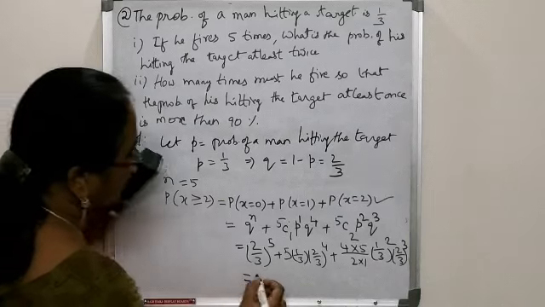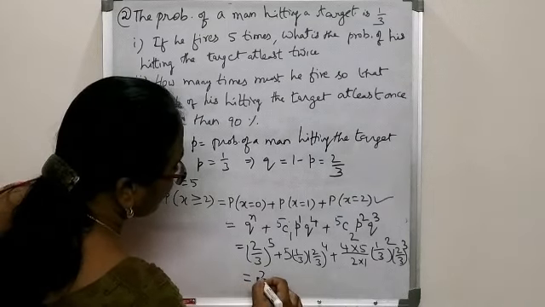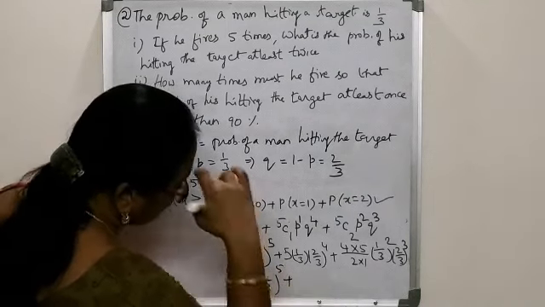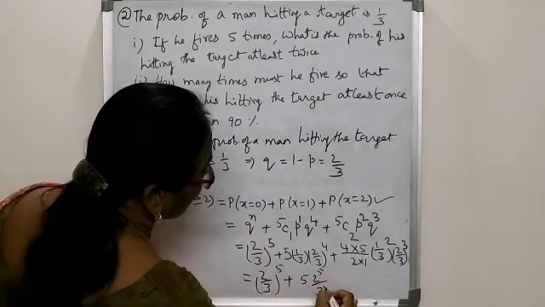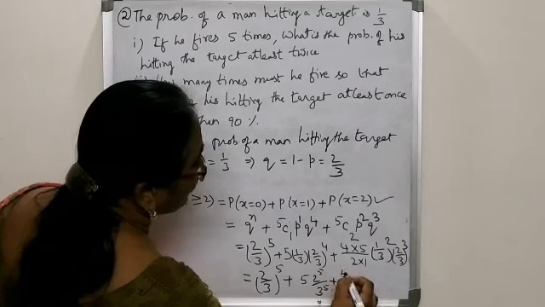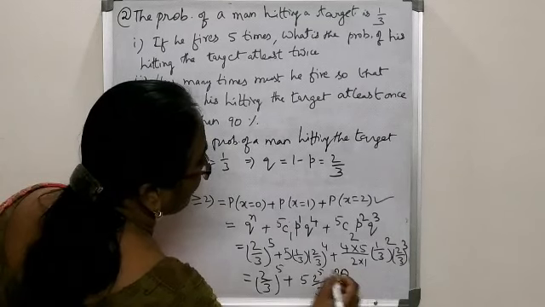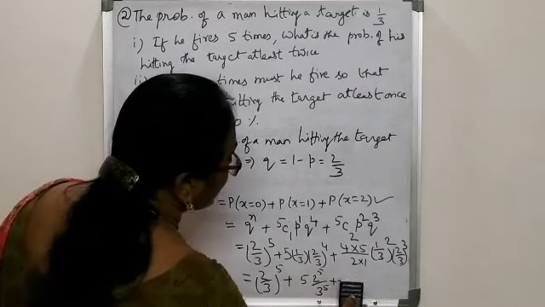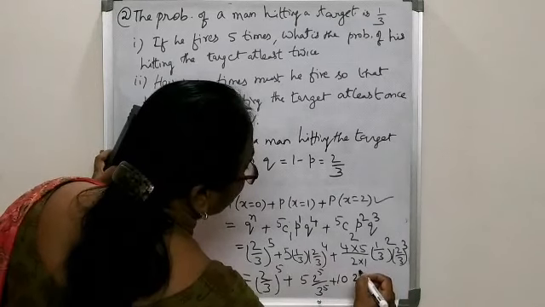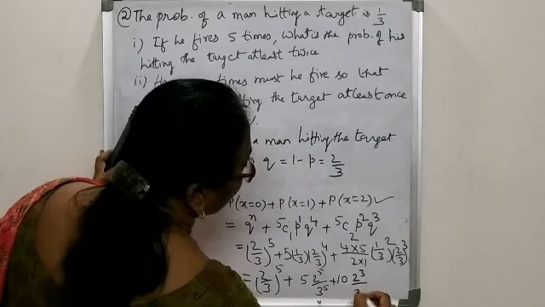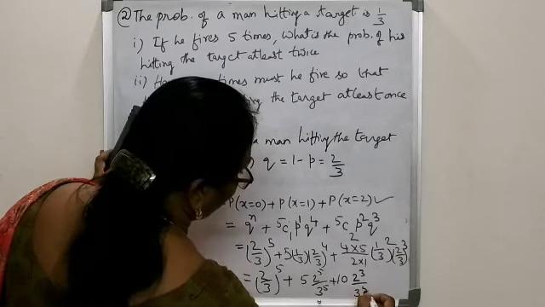So we are going to get the value (2/3)^5 plus 5 into 2 to the power 5 by 3 power 5. 4 into 5 we have 20 by 2 we have 10, right? We have 10 into 2 to the power 3 by 3 power 2 and 3 power 3, we have 3 power 5.